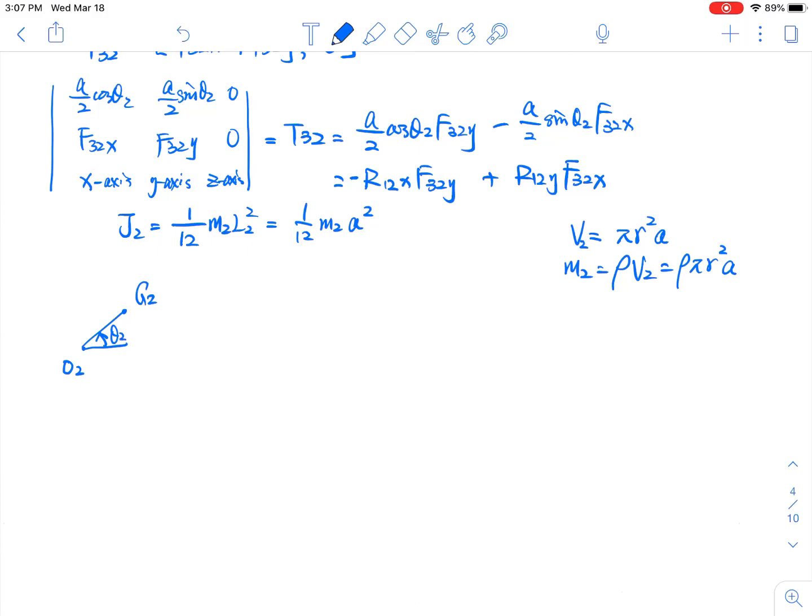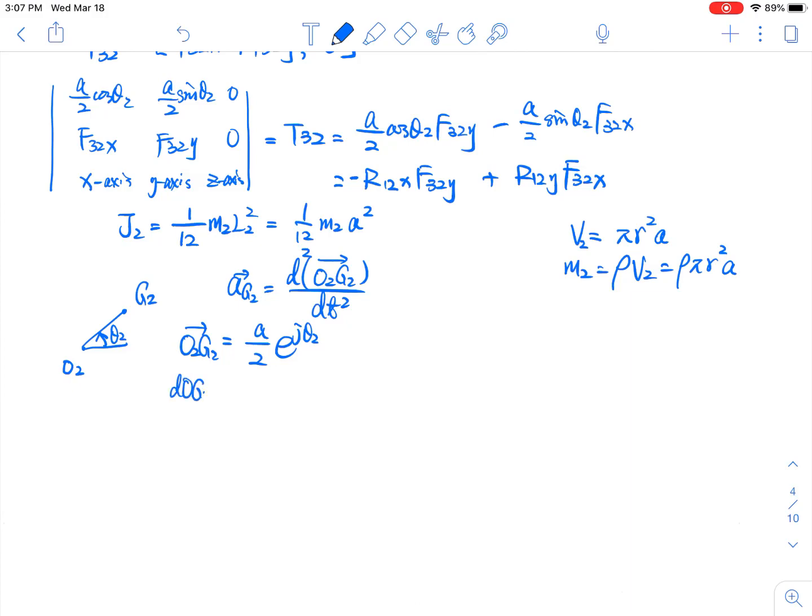So in order to calculate the aG2 vector, we need to find the O2G2 position vector first, and then calculate its time derivative twice. And then what is your O2G2 vector? This is half of the length, a e^(j theta 2), right? Your length is a constant, but your theta 2 is time varying.